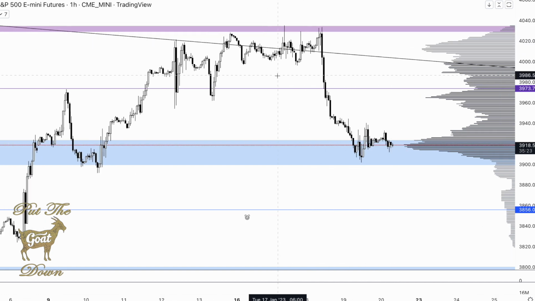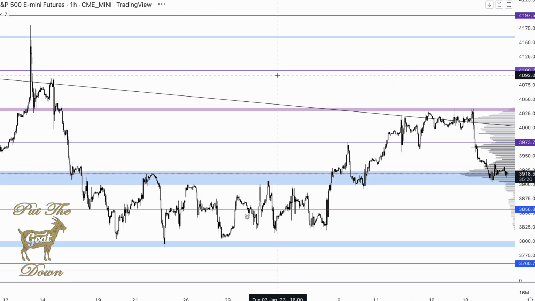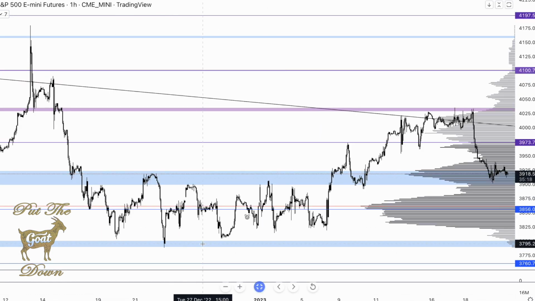There wasn't a ton of volume at these levels, right? Why? Because price moves out of it so fast that market participants don't have time to get in and out and dilly-dally around. There's an aggression to the move out of the level, and therefore there's not a lot of volume transacted. There's not a lot of back and forth. It's fast. So that's what you're looking for.